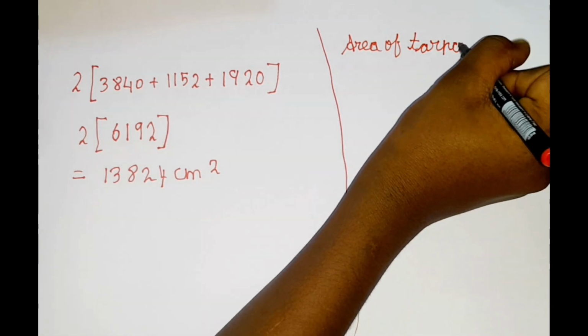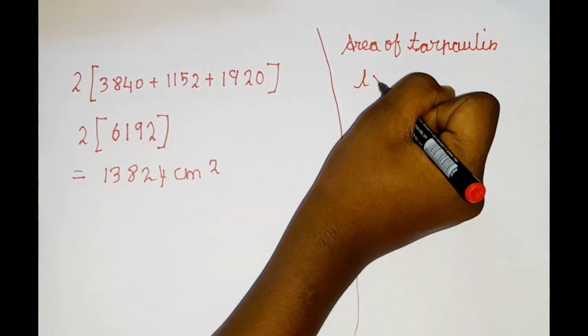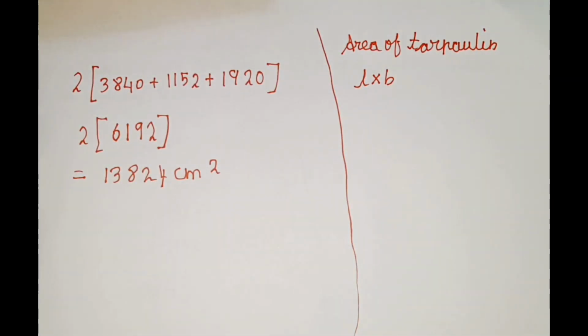So what is the area of tarpaulin? Length into breadth. So the tarpaulin cloth, like take a kerchief, okay. The kerchief is going to be in a rectangle shape. That's why I am taking the area of rectangle. So here I wrote it as area of tarpaulin. You can also replace it with area of a rectangle. It's not a problem, okay.